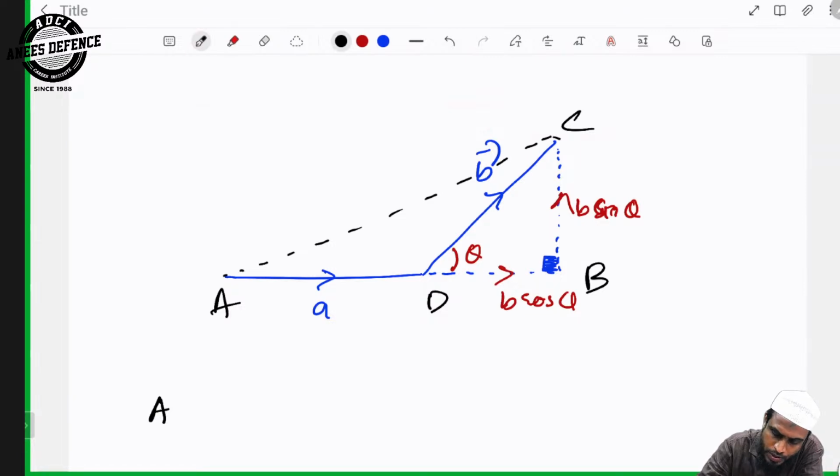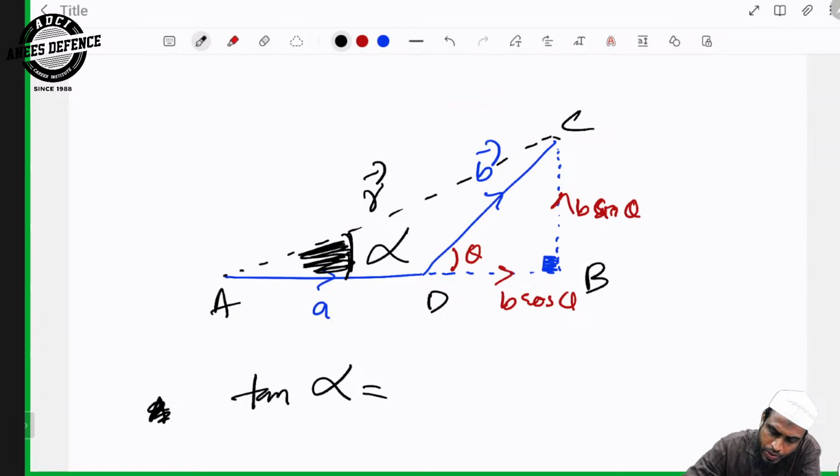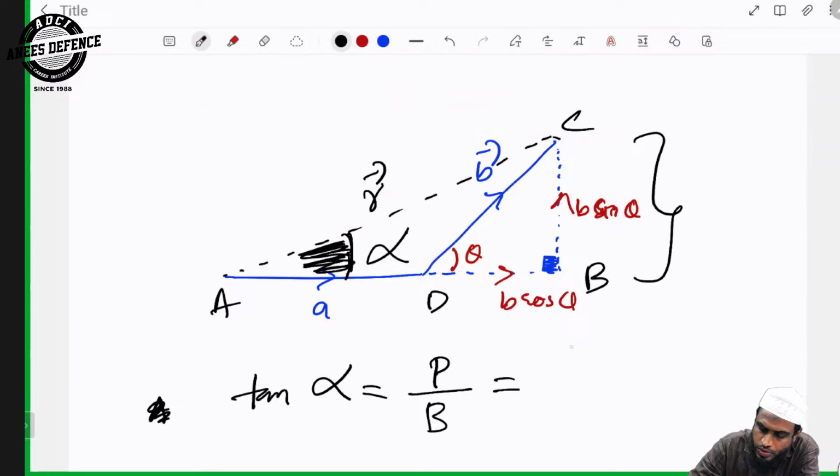that is also possible. This is the resultant vector R. This is alpha. So tan alpha can be represented as perpendicular upon base. What is perpendicular? Perpendicular is B sin theta.